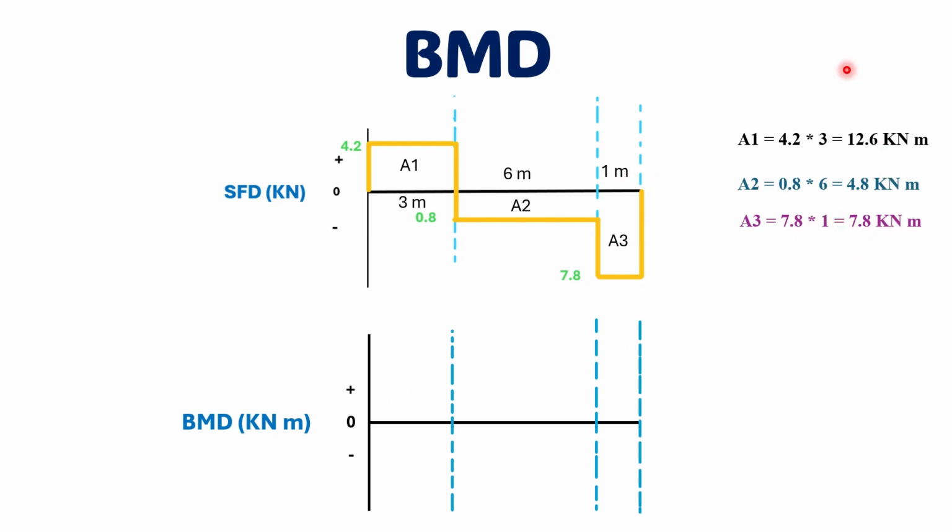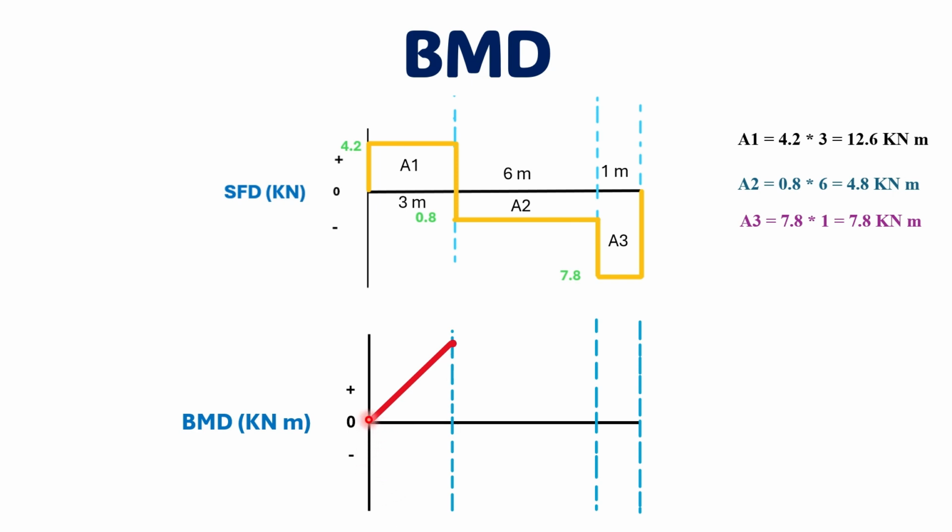With the help of these areas we can draw the bending moment diagram. Here you can see we start from this 0, and area 1 value is 12.6, which is upward from this line, meaning it is positive. So I will mark the 12.6 point here as a positive point.